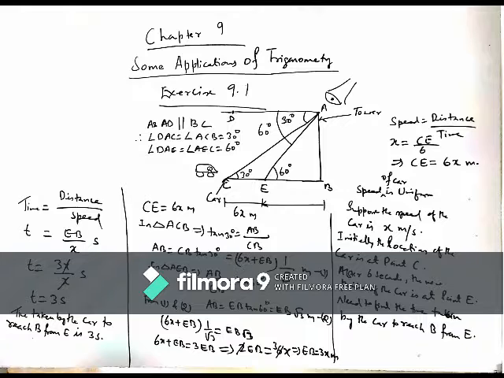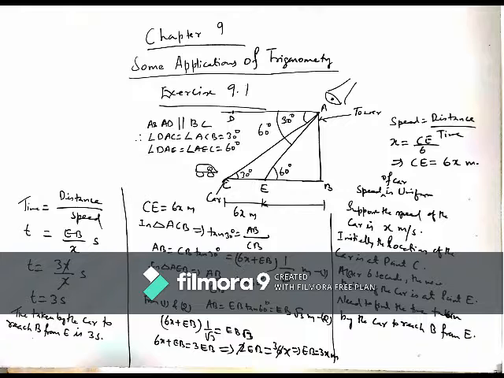Now that we have EB equal to 3x meter, we can find the time taken by the car. On the left hand side of the slide you can see that I have already solved it. Again, time is equal to distance by speed. The distance we have found is EB equal to 3x meter, and the speed is x meter per second, which we assumed earlier, and the speed is uniform with no change.